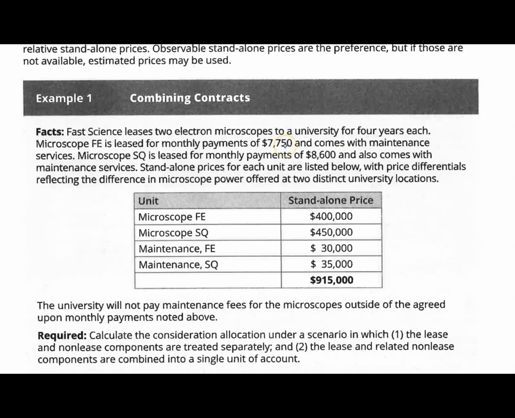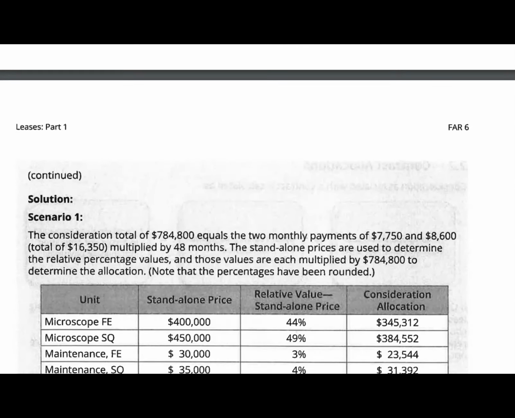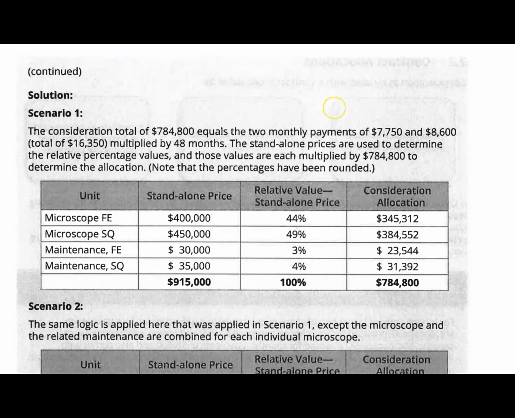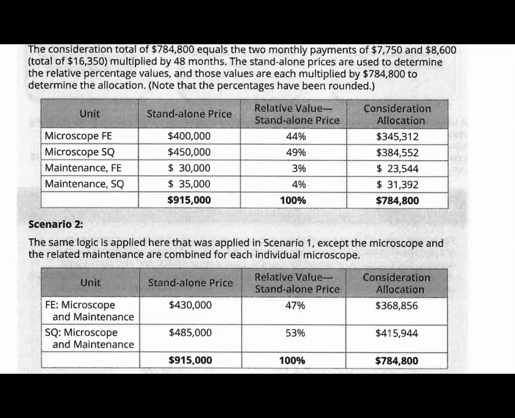So if you multiply it by 48 months, you will see the total payment here, 784,800. This is the total payment that will be paid by the lessee on a monthly installment basis. Now the question is how we will allocate it among these 4 components, 2 assets and 2 maintenance.